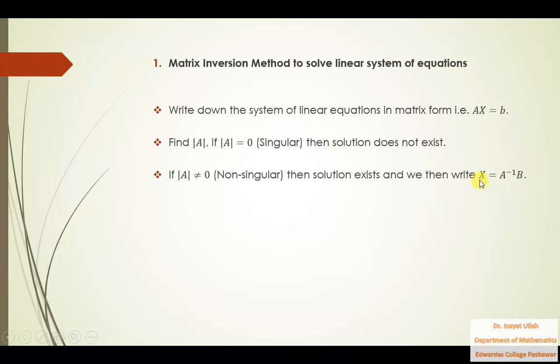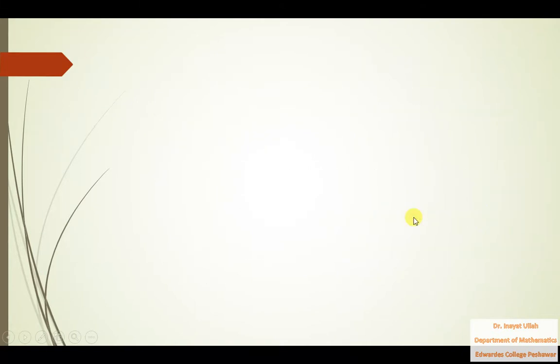In order to find x, which contains x, y and z, we need to find A inverse first, and that is the formula for A inverse: A inverse is equal to 1 by determinant of A into adjoint of A. We take the determinant of A from here, and we need to find the adjoint of A by the cofactor technique, and put the value of A inverse right here to get the value of x.